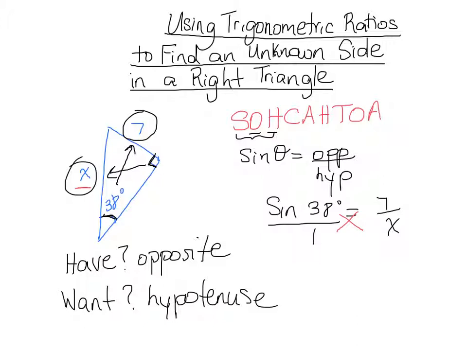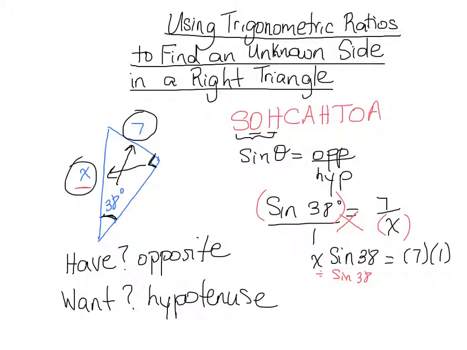So once we multiply our sine 38 by x, we get x sine 38 equal, and then our 7 times 1 will just be 7, but I'll write it down as 7 times 1. That's a 7. Okay, so 7.